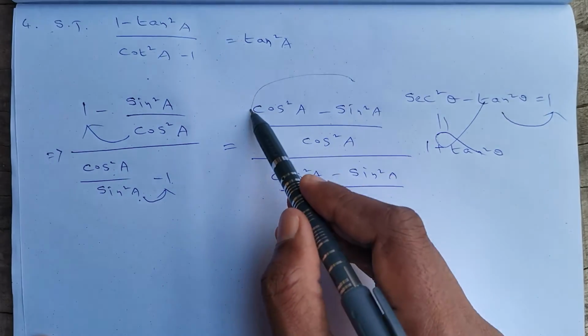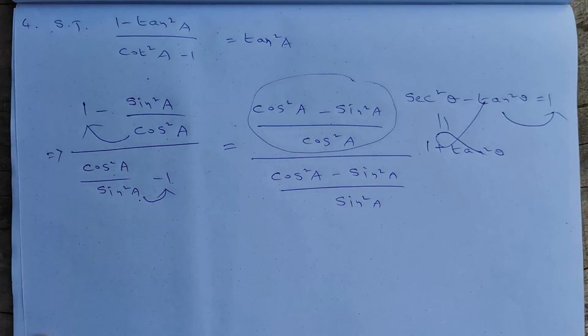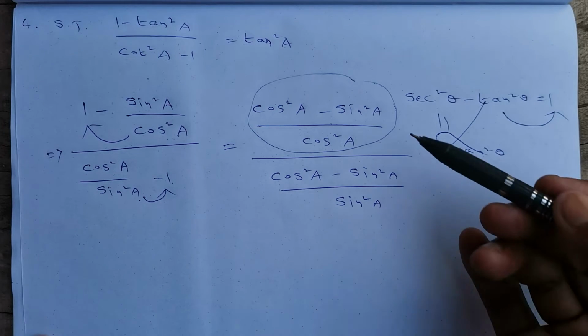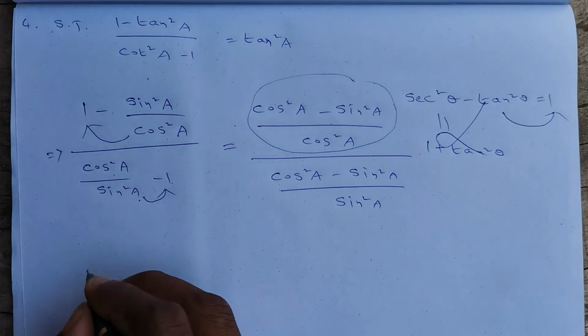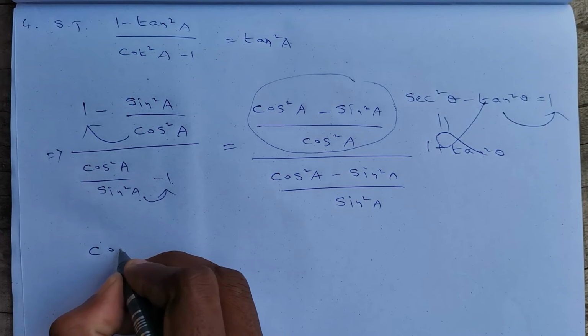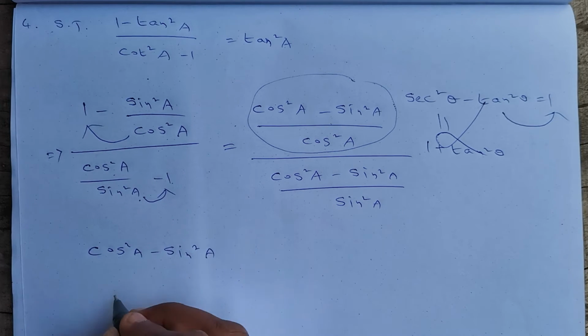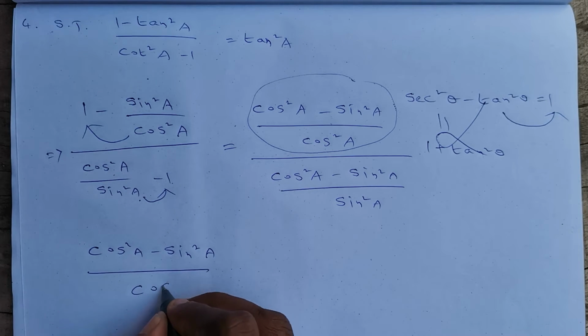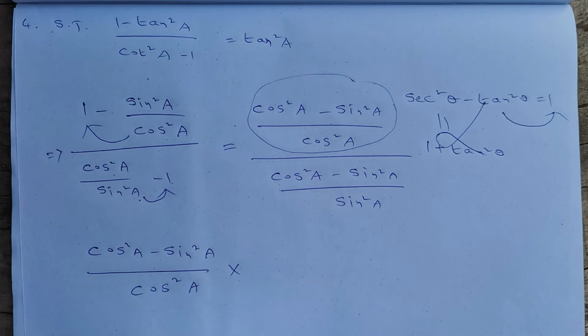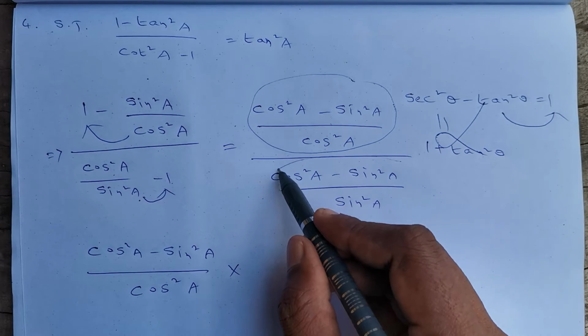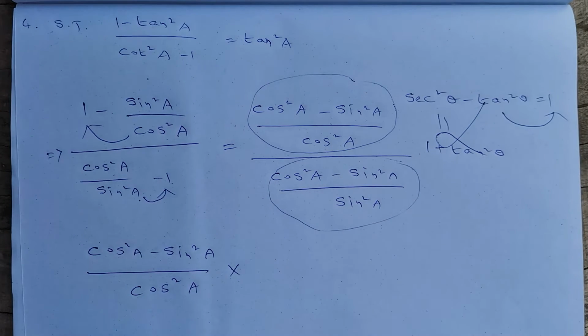Now this total numerator part we will write as it is, that is cos square A minus sin square A divided by cos square A, into this total denominator part written as its reciprocal.